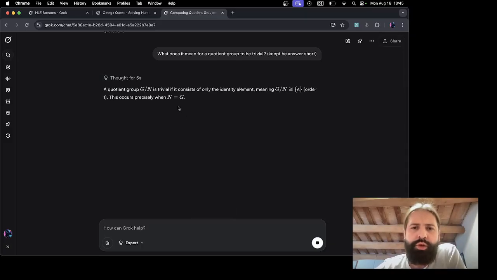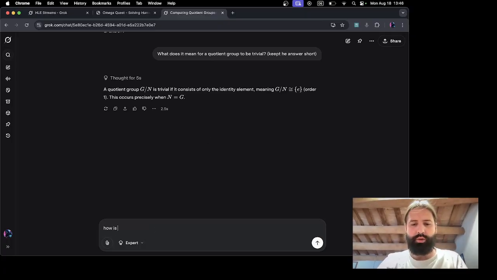Okay, so trivial means it's only the identity, when N equals G. But why? How is that possible if you construct the quotient by looking at the cosets?